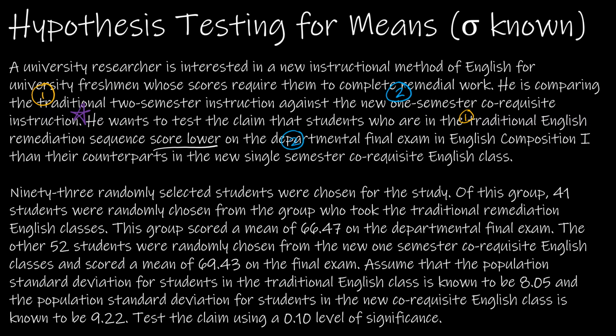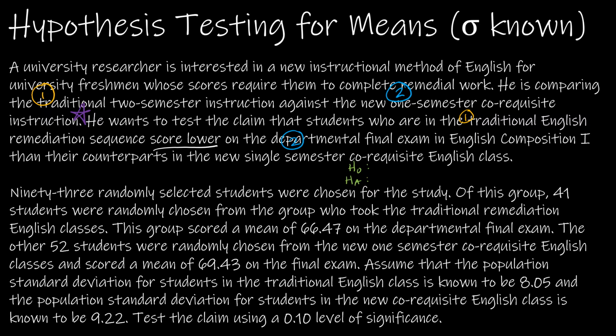So before we look at anything in the second paragraph, let's figure out what we already know, because we already know quite a bit. What we know is that the null hypothesis is that we should assume that they're going to score exactly the same.